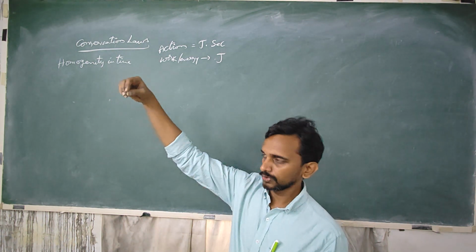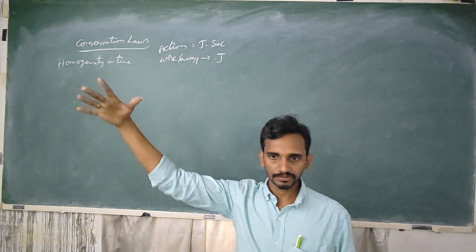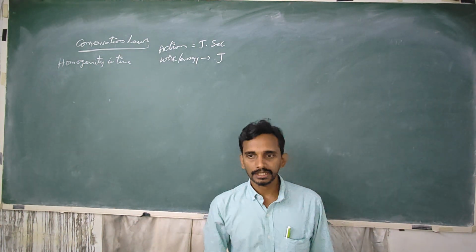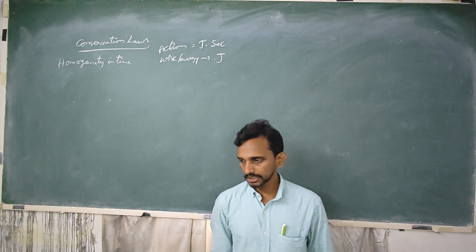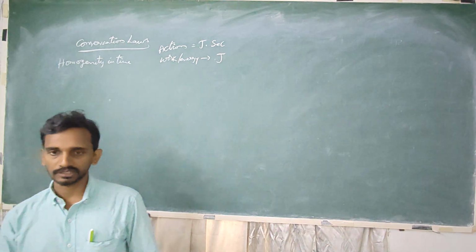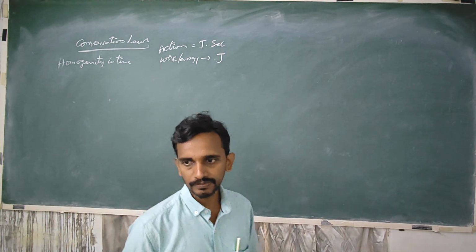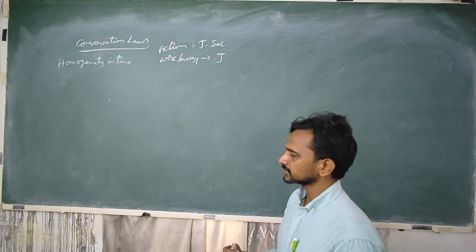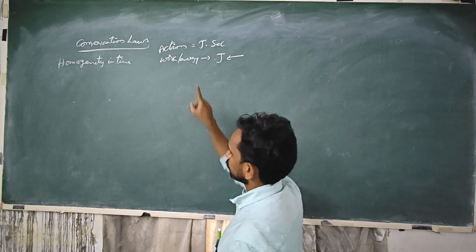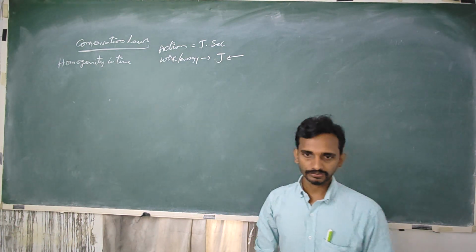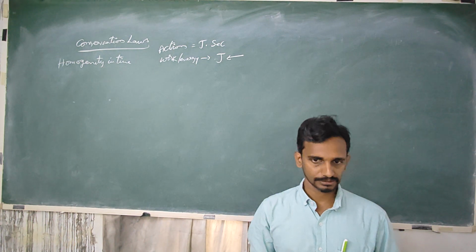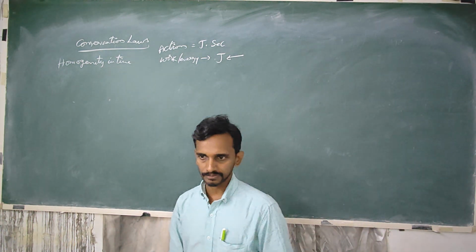Let's say you are pulling the pendulum to one end and leaving it, so whatever work done will be converted to kinetic energy. Like that, every activity, whatever work is done on a system will be converted to some sort of energy in the system, and these conversions are a matter of discussion. Work or energy both have units of joules, and both are equivalent. That's what the work energy theorem says.